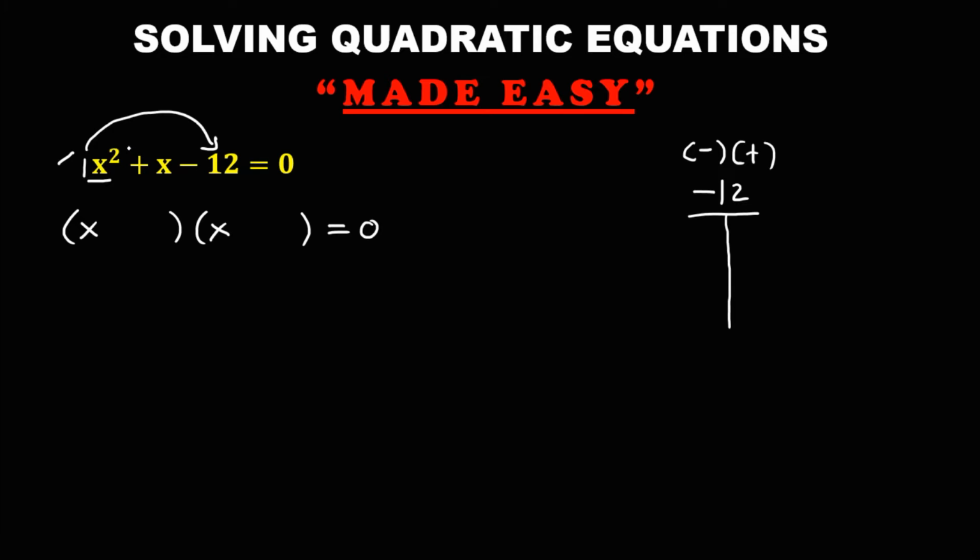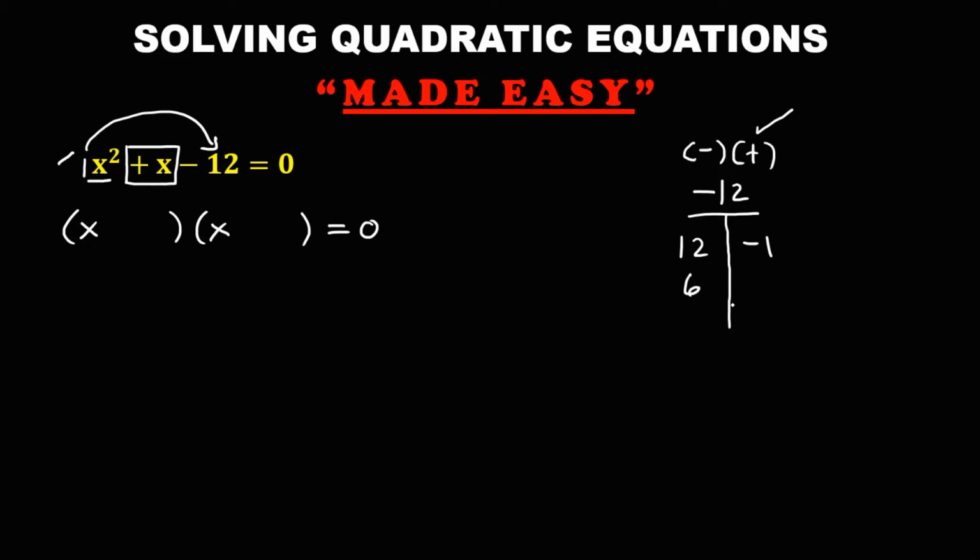From the given, since the middle term is positive, in the factors, positive must be the bigger number. So from this negative 12, the factors we have are positive 12 times negative 1, and again, the bigger number must be positive.